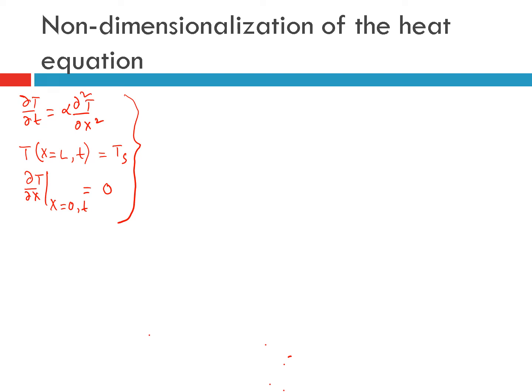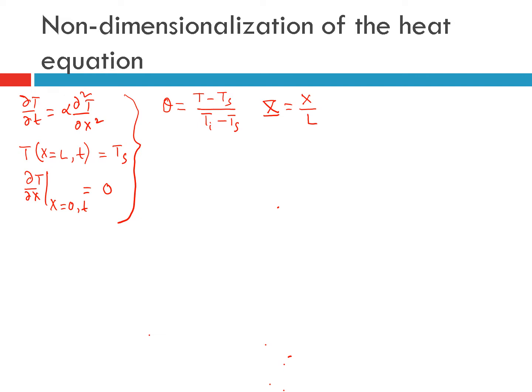So we define these quantities as non-dimensional temperature equal to T minus Ts over Ti minus Ts, and non-dimensional distance equal to x, the normal distance, over L. So with that, let's try to convert these equations.